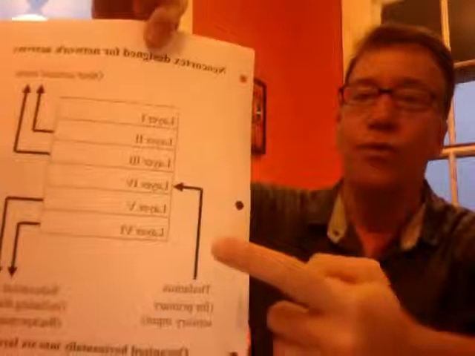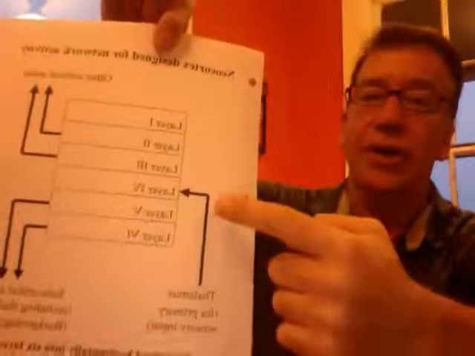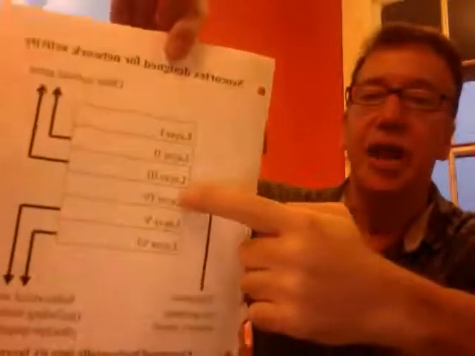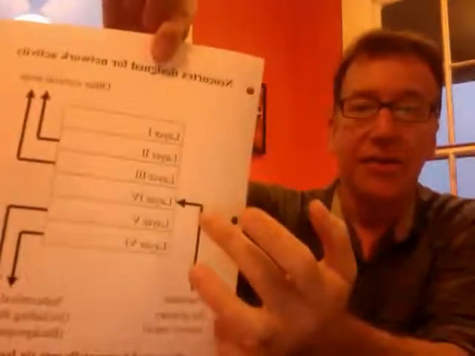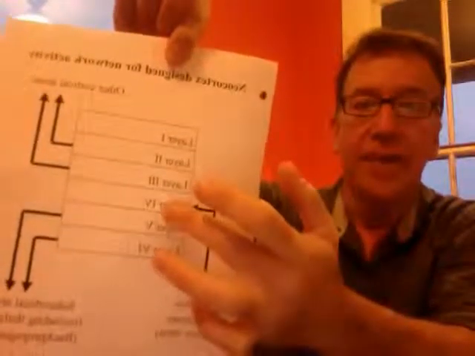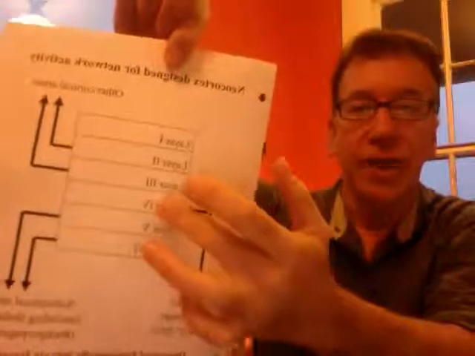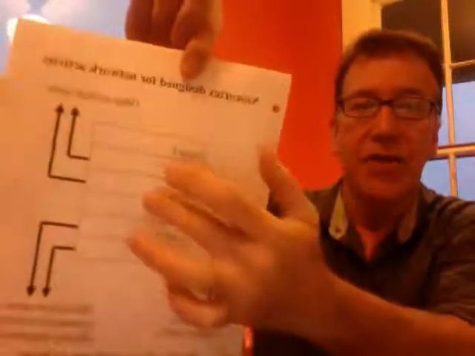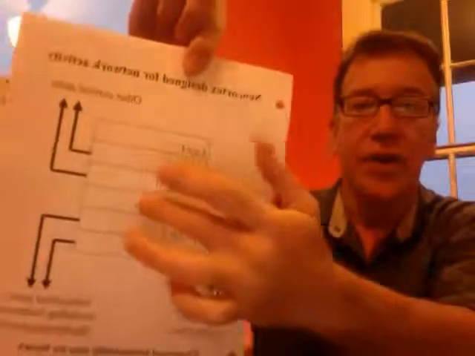And layer 4, you should note, is the site of synaptic input. This is where the axon terminals are making synaptic connections with the dendrites and cell bodies of the neurons that are located in the cortex in layer 4. And layer 4 is always the input layer, okay? Layer 4 is pretty much where projections come in.